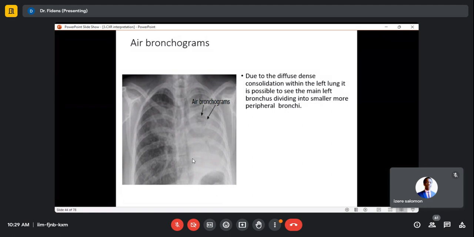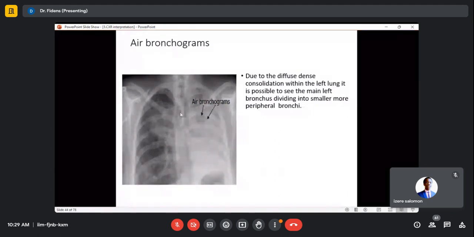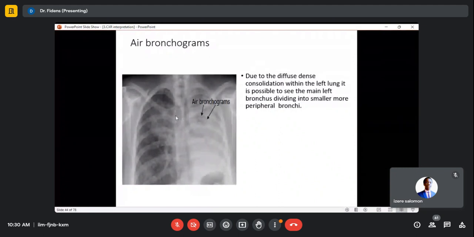For me, here, I can think maybe there is a slight rotation to the left side, because the distance from here to this one and from here to there is bigger on the left side. So there is a rotation. And remember, I told you that where the distance is bigger is the side the patient was rotating to. So the patient was rotating to the left side a bit.